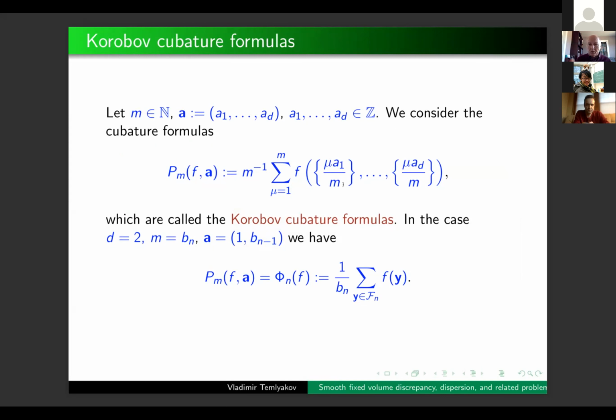But anyway, to give a fuller picture, the question now is that we can talk about quantities like discrepancy or fixed volume discrepancy. And now we're interested in this fixed volume discrepancy because you know that we can apply this to dispersion. And we are interested in these quantities for different kinds of points.